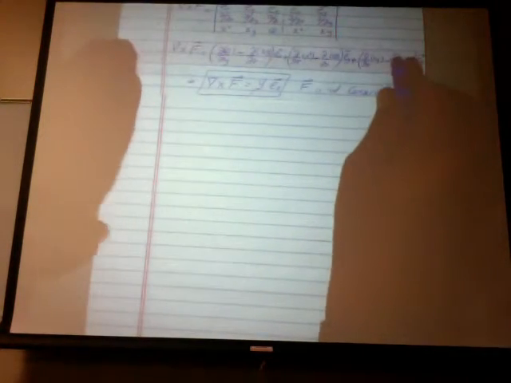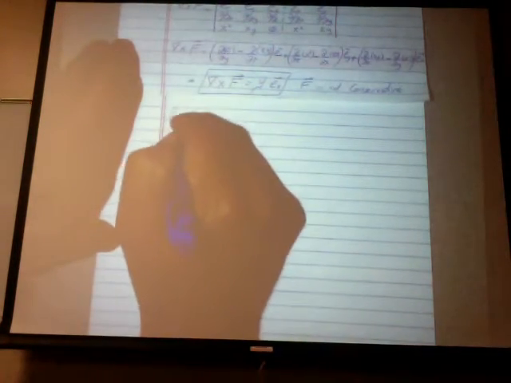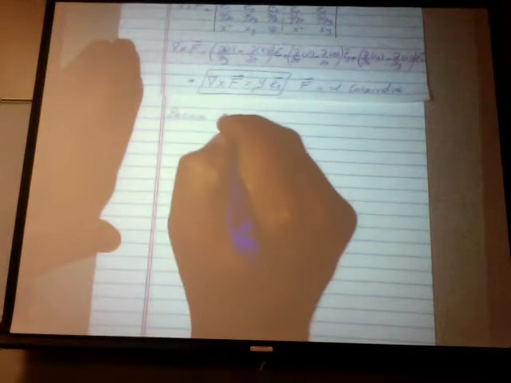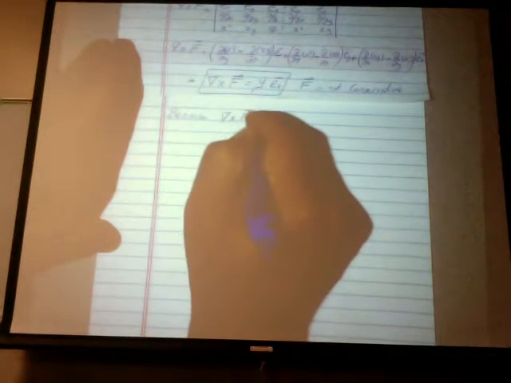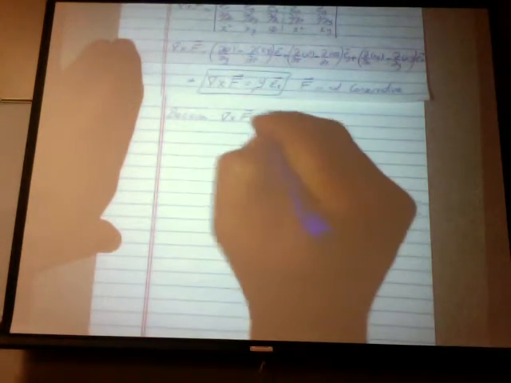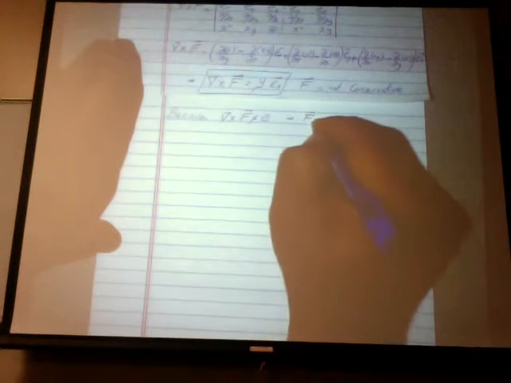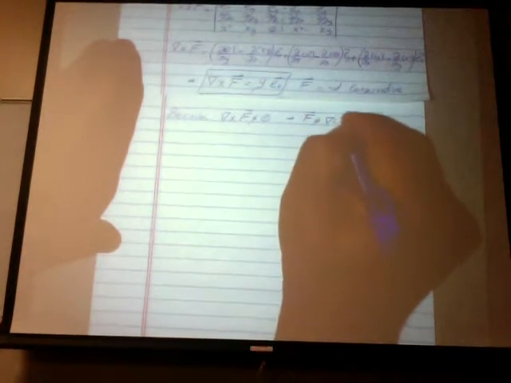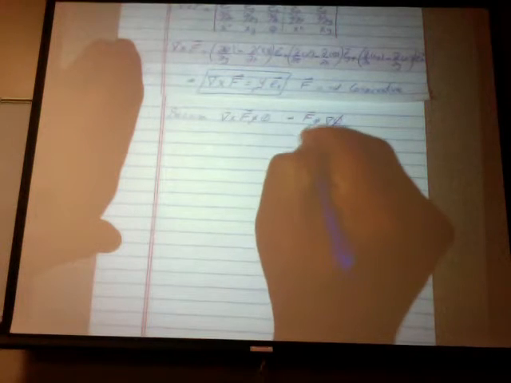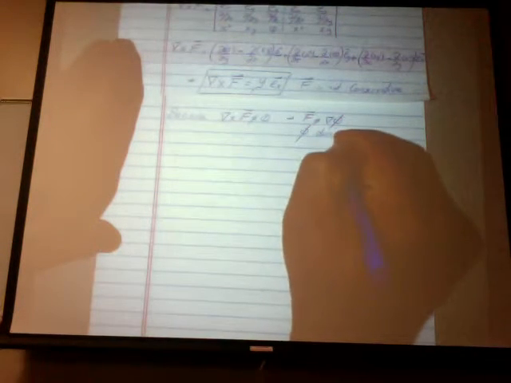We can try, but we will not find it. So, because this is not 0, F is not equal to the gradient of phi. That means that phi does not exist.